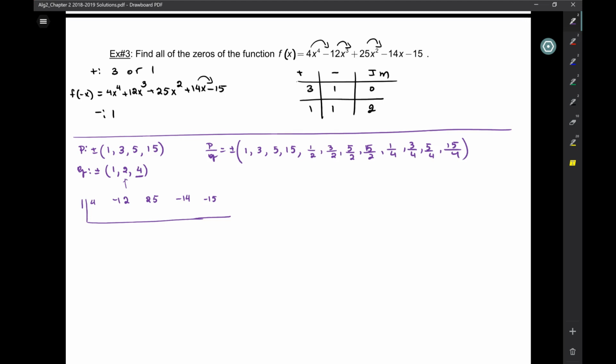Does it work? No. Let's see. So what do we get here? 3, 3. Okay, that doesn't work. So you know what? We're going to pick another one.